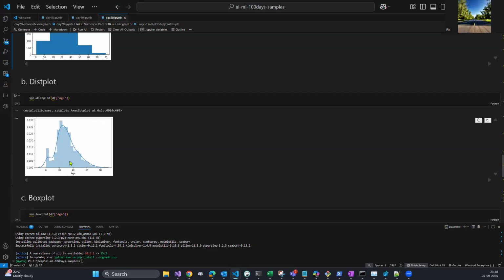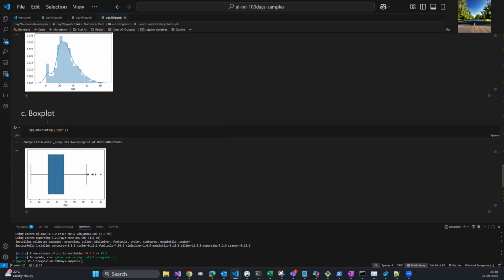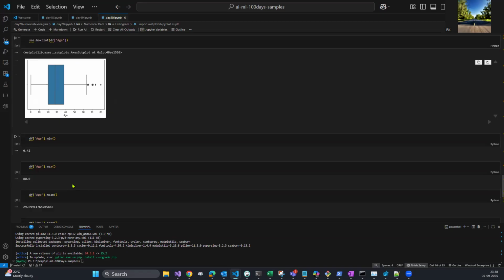This is a dist plot, and then we can do the box plot, which shows how much data lies between these ranges. This is a very good use case and is quite often used to detect outliers. Here you will see that in this range there is data, and there are a few data points which are out of range. So this is also very helpful.